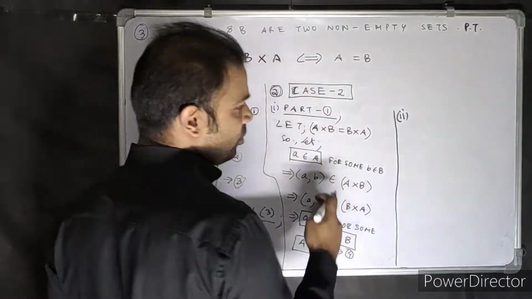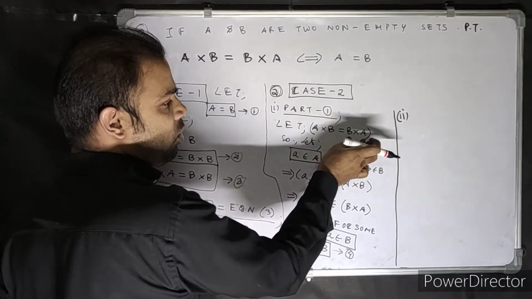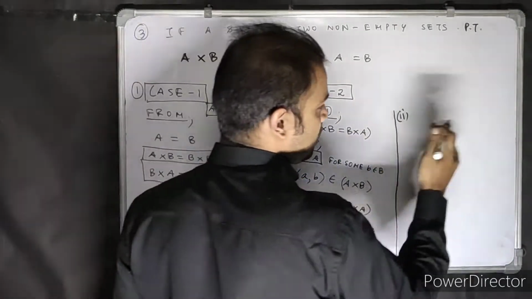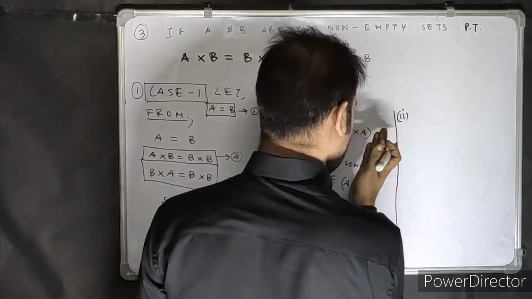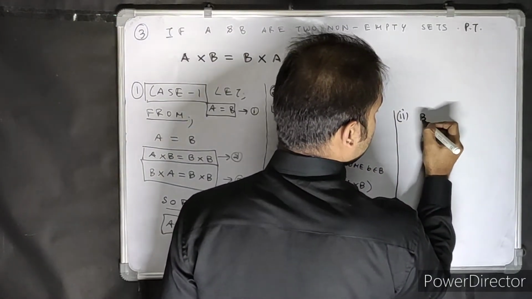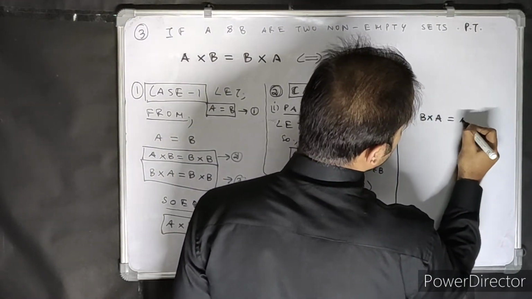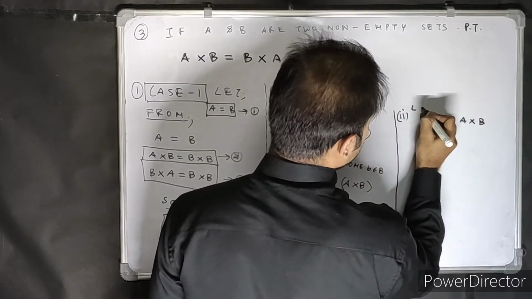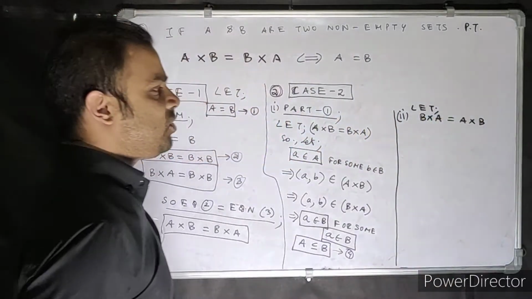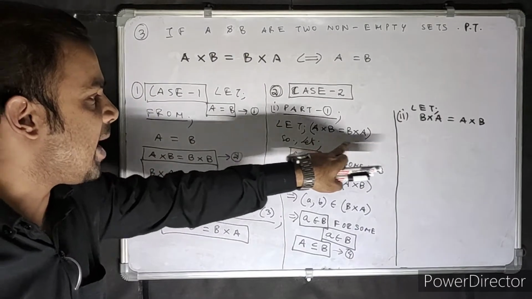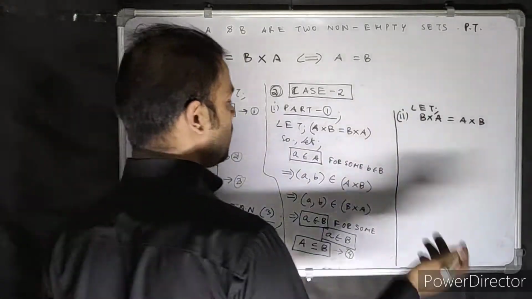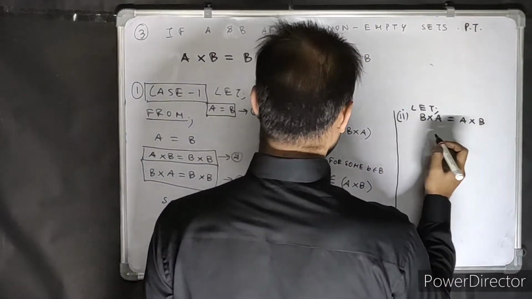I want to write now B cross A is equal to A cross B, just revert, change positions. B cross A is equal to A cross B. I have just put this in front and that there. So there is no use of doing this, but still you have to do it actually.